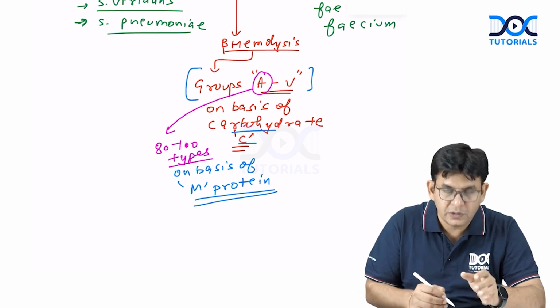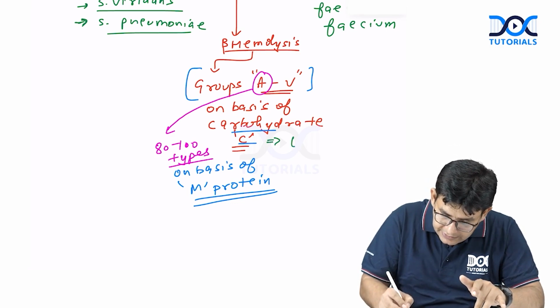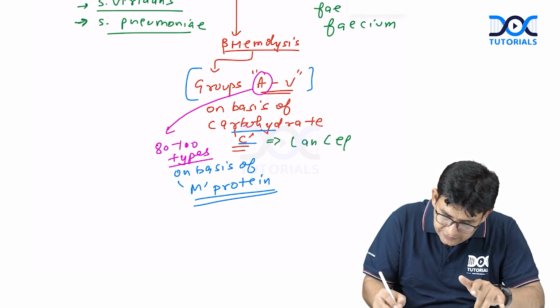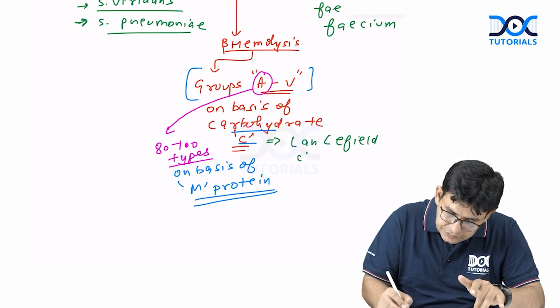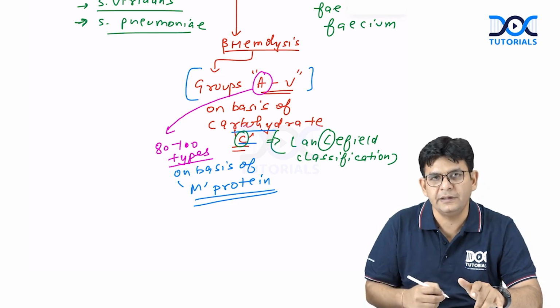Now, let's know their names. What is the name of the classification? Carbohydrate C is termed the Lancefield classification. So you make this C capital, and you will be able to know that this is dependent on Lancefield.